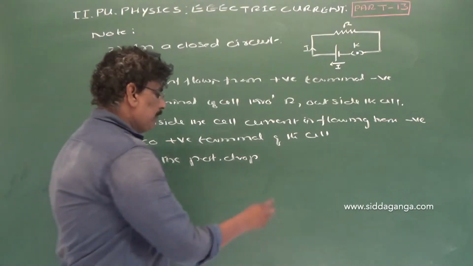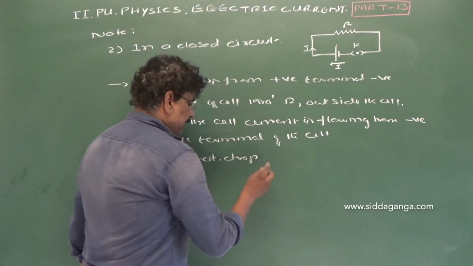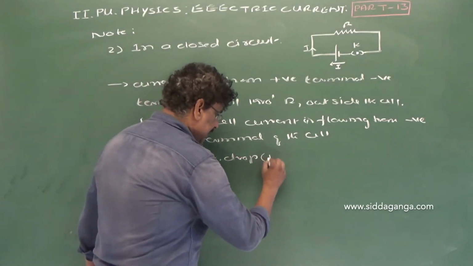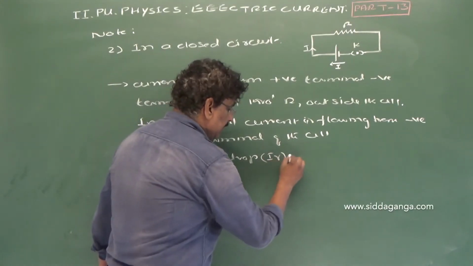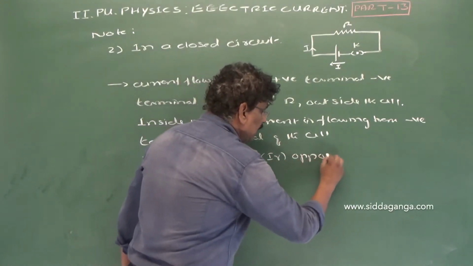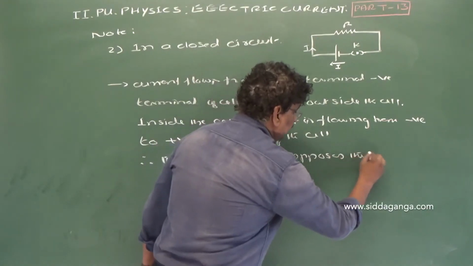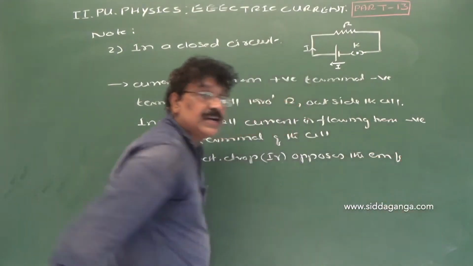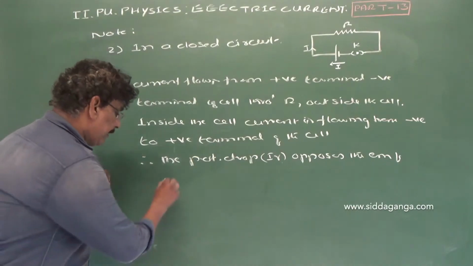Now potential drop, that is I into R, opposes the EMF.